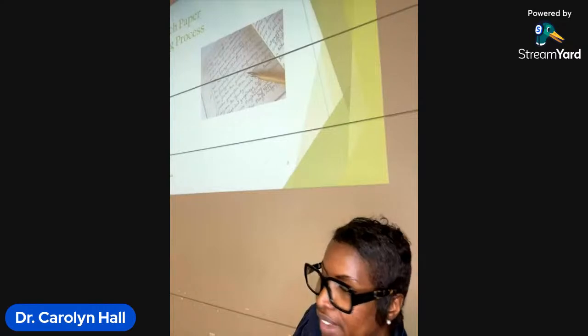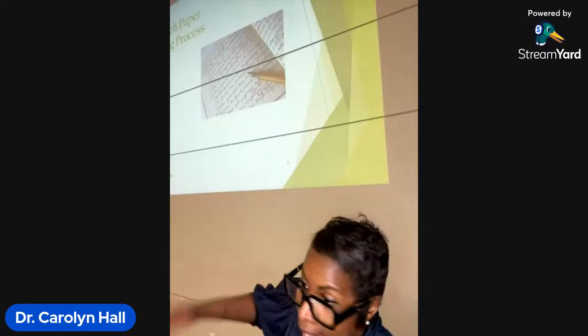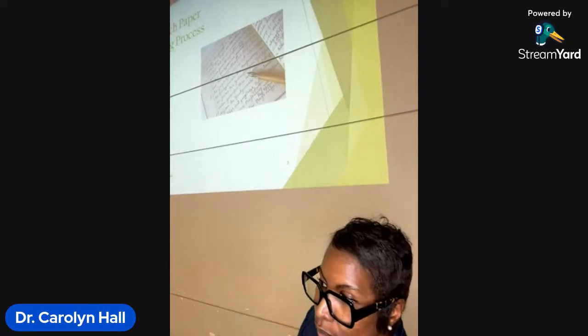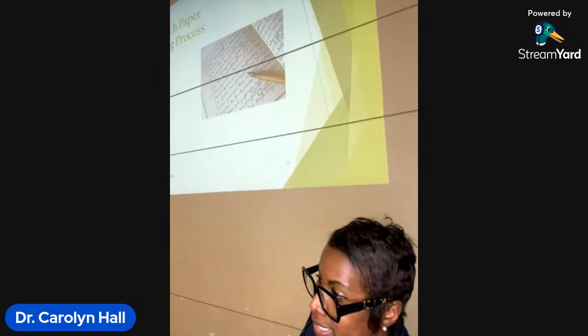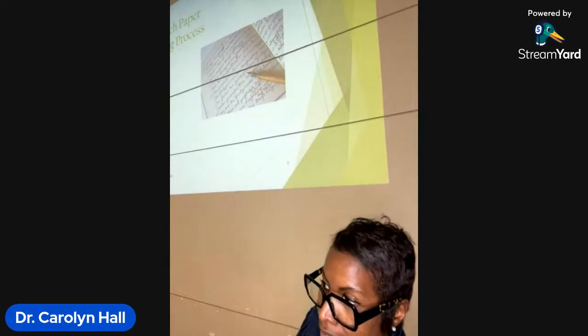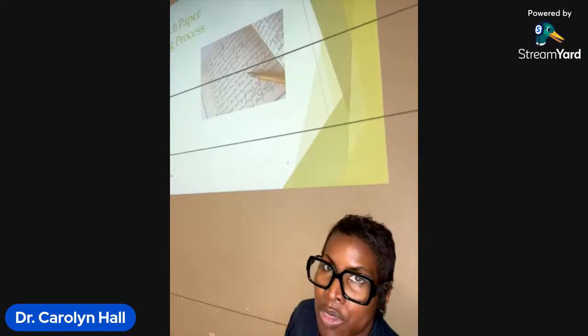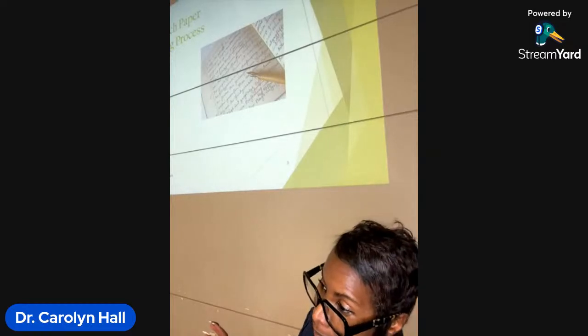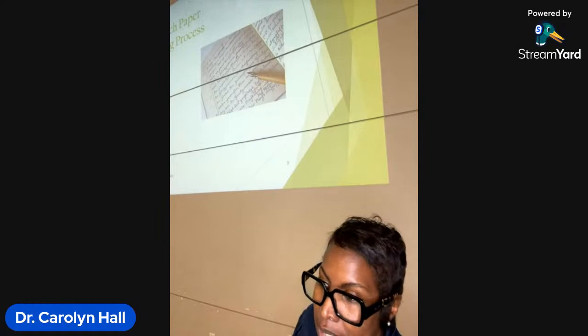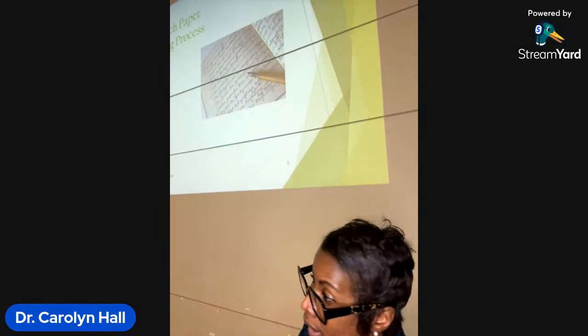Pre-writing is the phase where we're getting out our ideas. This is where we're brainstorming, thinking about the topic that our professor has given us, and trying to figure out what specifically we want to write about. After we get done with that is when we actually start writing.